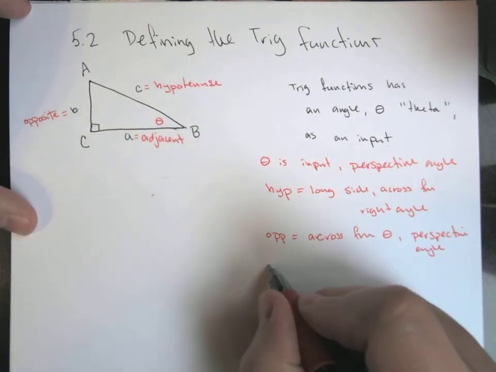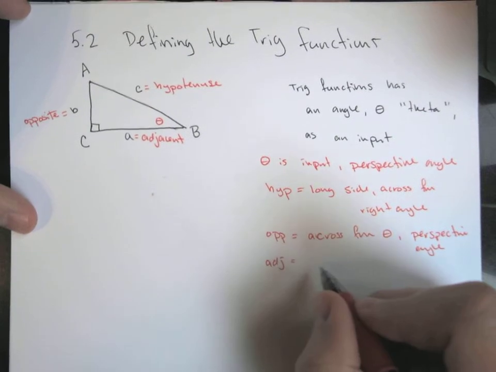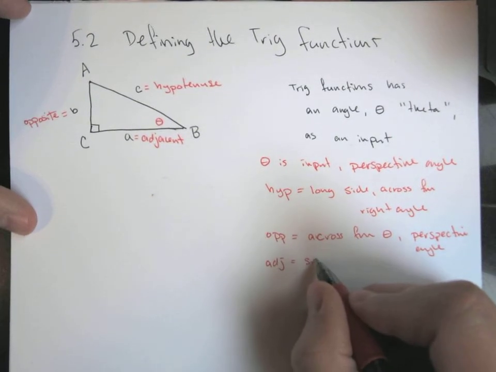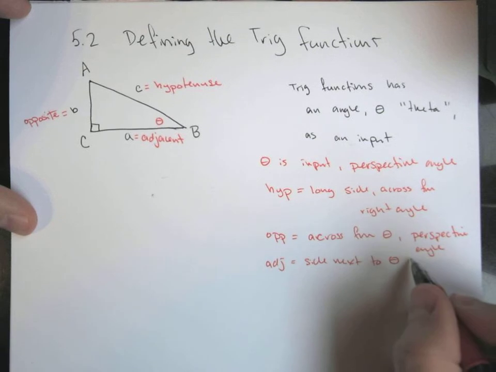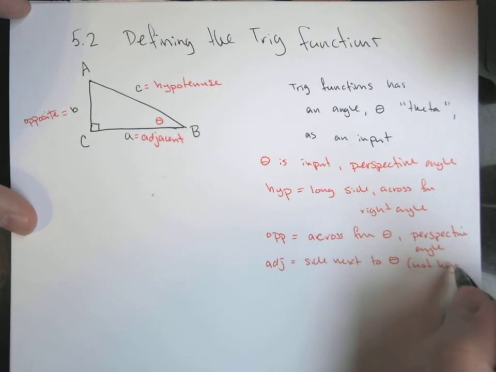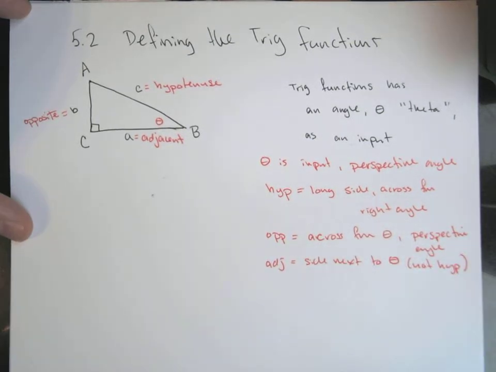So our adjacent is going to be the side next to theta, but not the hypotenuse, right? So the adjacent and the hypotenuse both touch theta, but the hypotenuse is our long side, the adjacent would be the shorter of the two, and then the opposite is across from the angle.